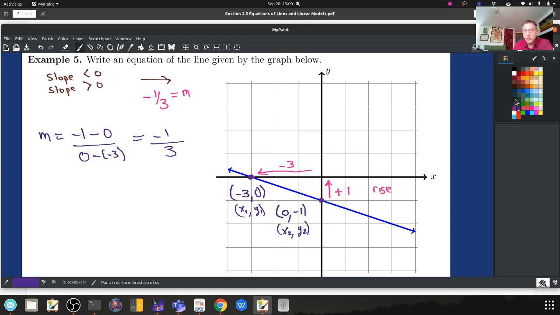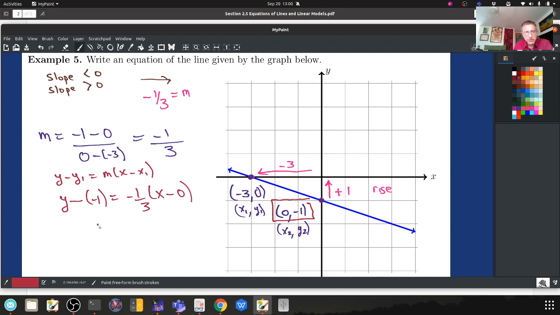So now we're going to use the equation y minus y1 is equal to m times x minus x1. So we have to have 1 point. So we'll use this as my point right here. I could have chosen minus 3, 0, but I'm going to choose 0, minus 1. So y minus y1, which is minus 1, is equal to minus 1/3, that's the value of m that I discovered, times x minus x1, which is 0.